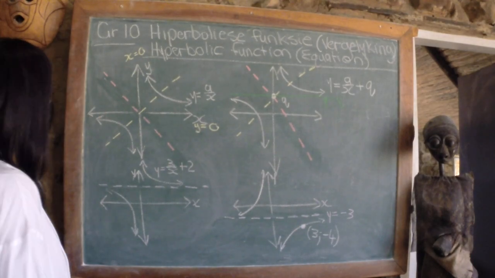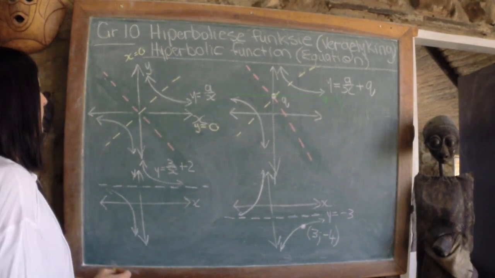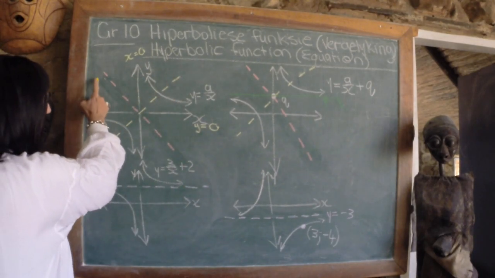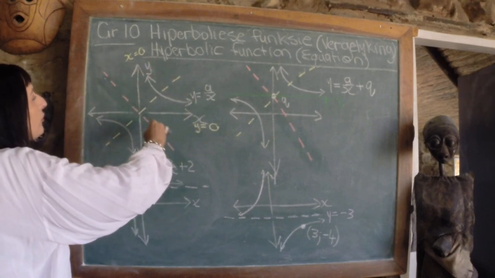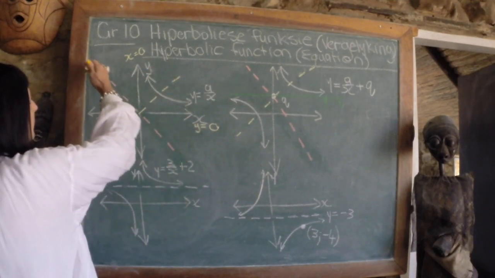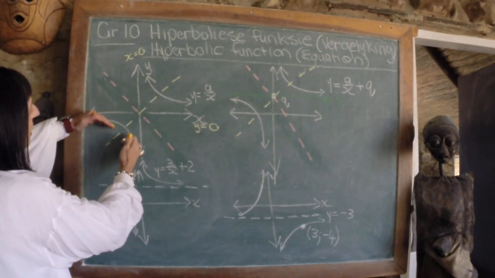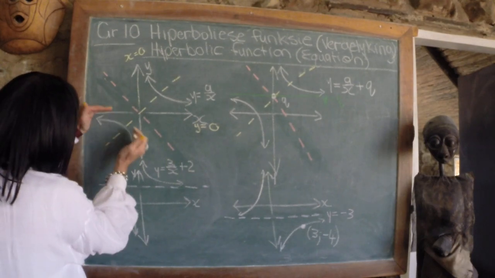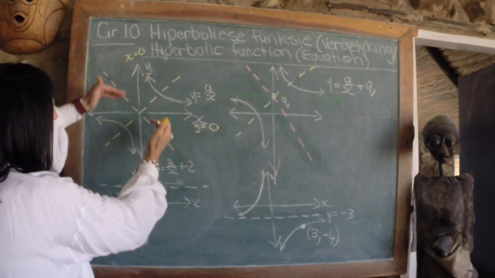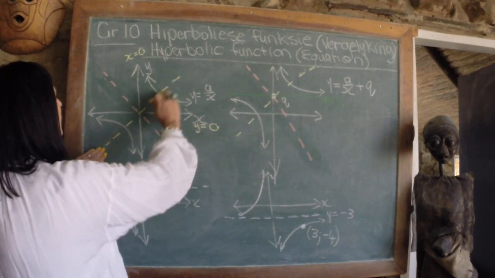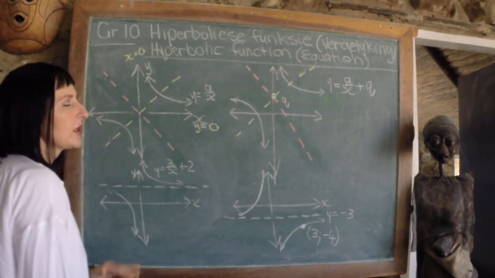But now, if you look at the two dotted lines that I've inserted here, dan sal jy sien dat wanneer ek hierdie prentjie kon vou op die onderbroke lyne, dan sal my prentjie hierdie deel van die hyperbool presies op daai deel van die hyperbool gaan lê. En wanneer ek my prentjie vou op daai lyn, dan gaan hierdie twee dele presies op daai twee dele lê.